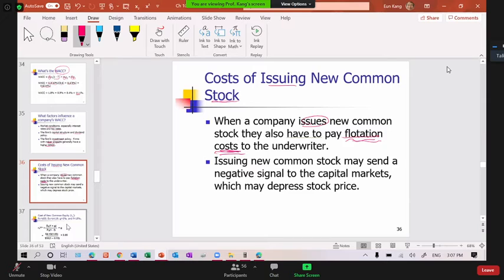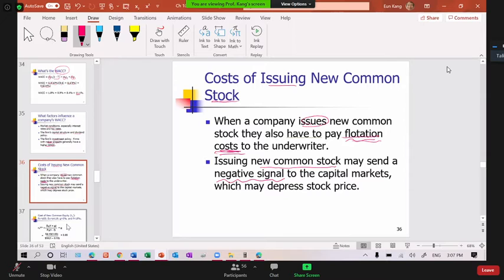Also, issuing new common stock may send a negative signal. Why is issuing common stock a negative signal? Anybody? That maybe you need more funds?